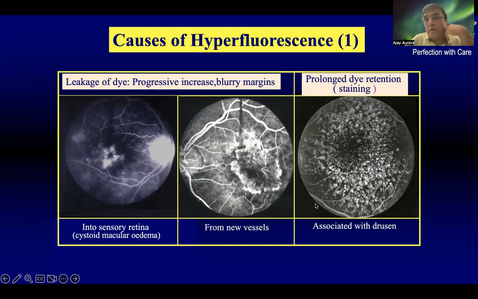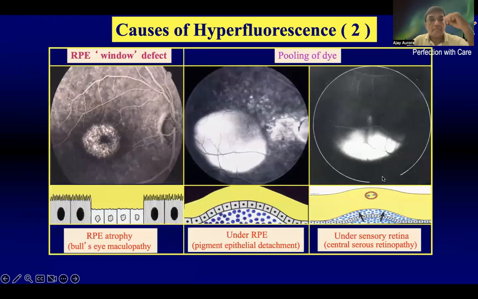Then you can have prolonged dye retention by staining, and this is associated with cases of drusen. Now, RP window defect, like here you have RP atrophy or the bullseye maculopathy, then you can get a window defect.